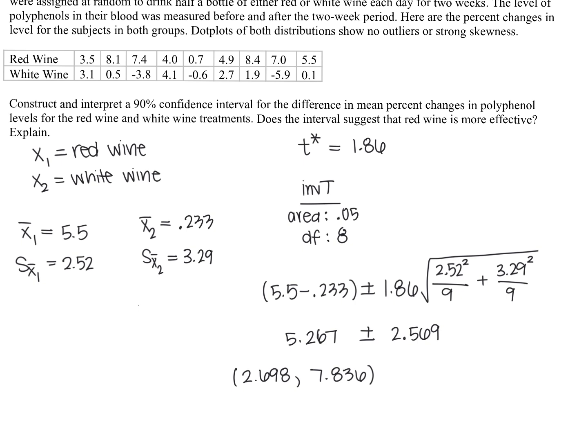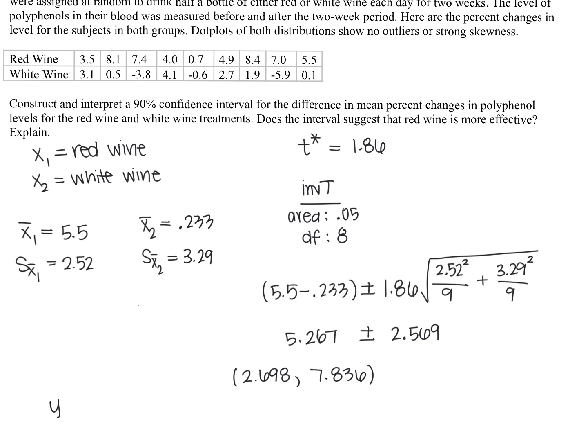So because we specifically looked at the difference red wine minus white wine, and every number in my interval is positive, the interval does suggest that red wine is more effective. If I had had a negative number at any point, that would have meant that white wine was more effective at some point.